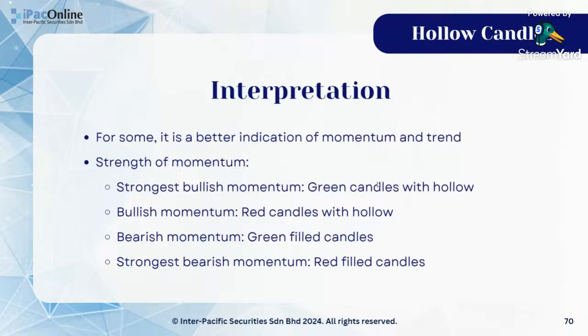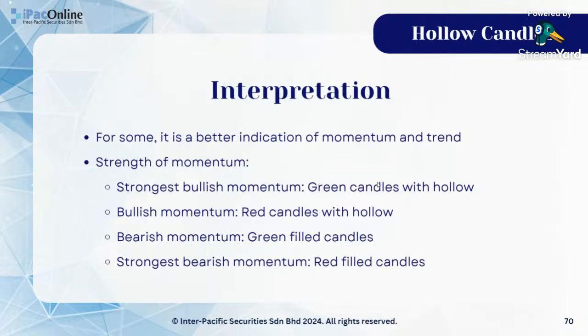But if it's still hollow but it's in red, then it's telling us that the bullish momentum might be kicking in, whereby the selling pressure could be easing off and buying support could be coming in as the closing has been higher than the opening price.